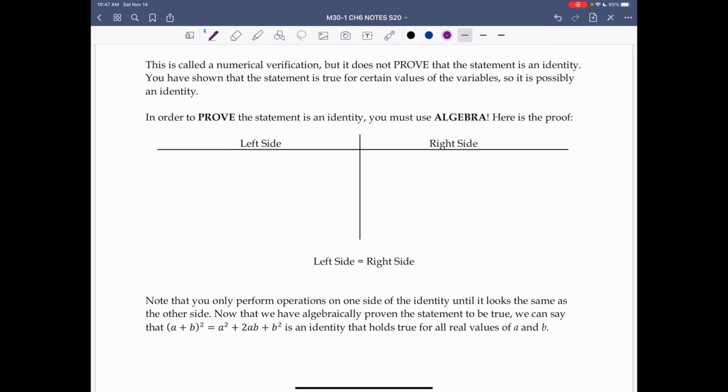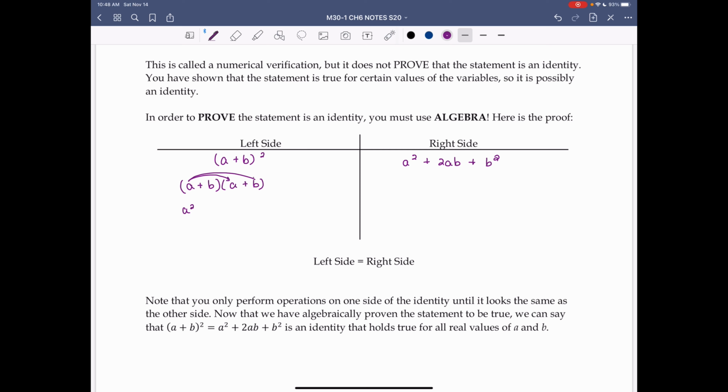Here is the proof. On the left side, we have (a + b) squared, and on the right side, we have a squared plus 2ab plus b squared. On the left side, (a + b) squared is (a + b) times (a + b). We can multiply those together using the distributive property. A times a is a squared.